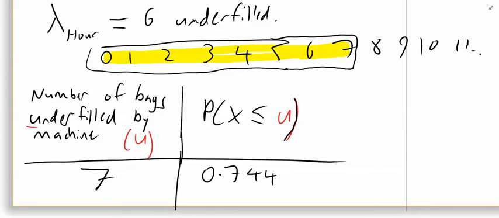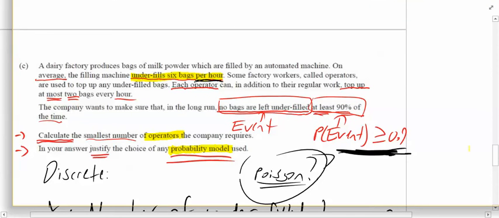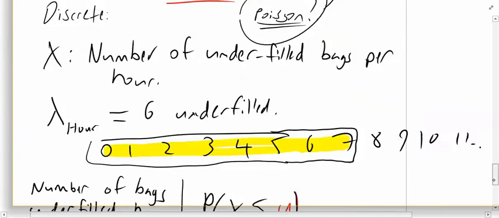Now we need that probability to be over 0.9, because the question said at least 0.9, at least 90%.